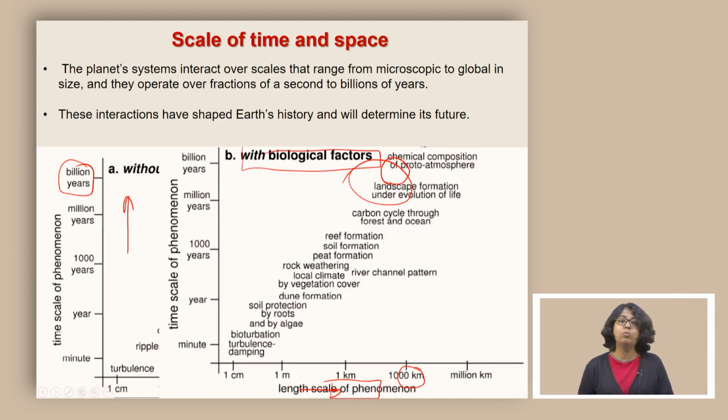The previous plot showed only the processes that are operating in this scale, but when we bring in the biological factors, then it can operate in these scales, and some of the things are even more complex than biological processes, which are not scalable. So, it is also important to recognize that these interactions need to be studied in a very creative manner that deals with the scale issue.